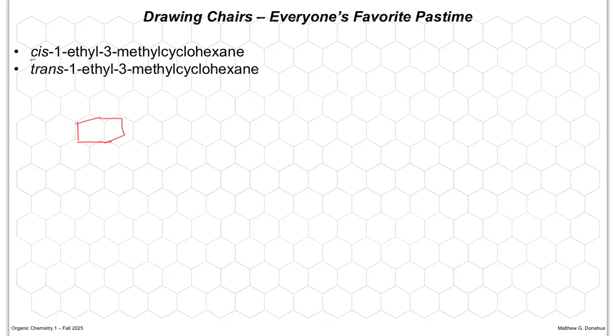So we have cis. I'm going to draw these as bolded wedges. So one ethyl. And at the 3 position, we have a methyl. So in the flat representation, I've drawn both of those groups sort of out towards you, or another way of saying that is up.